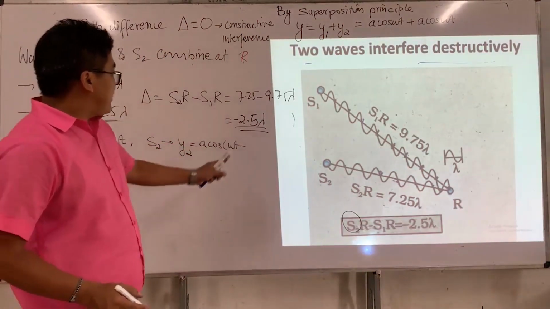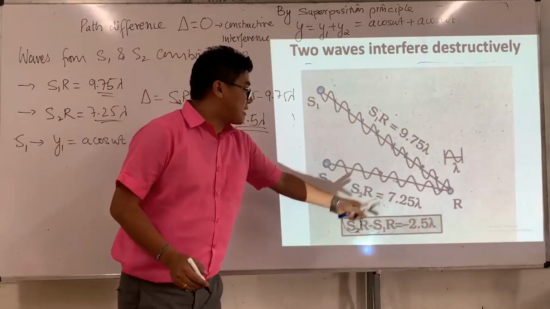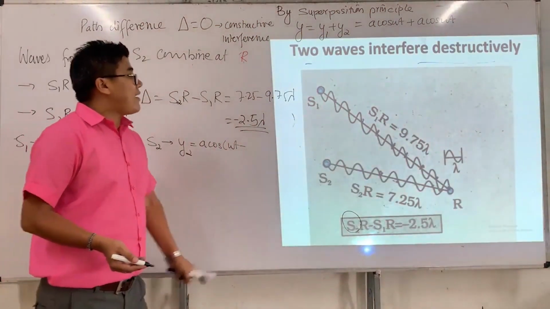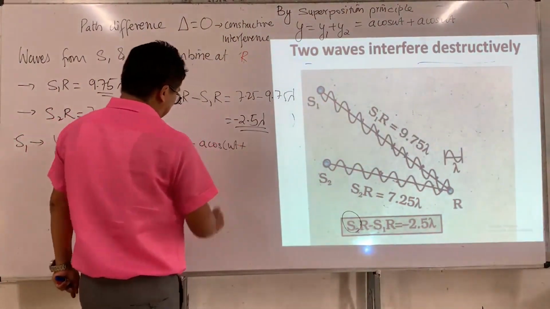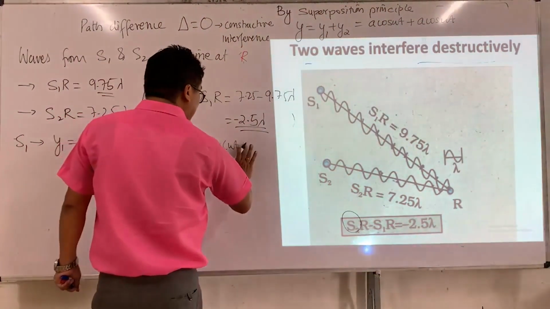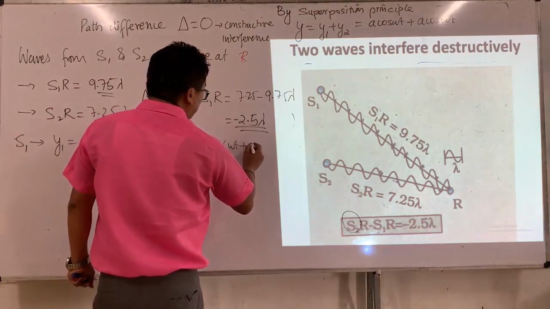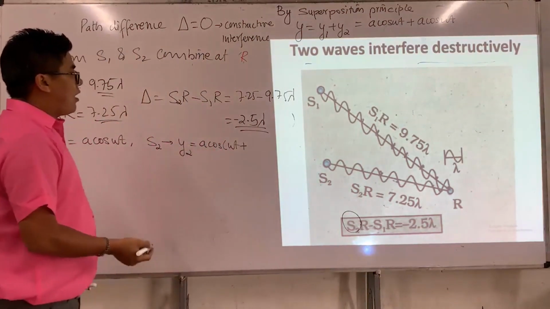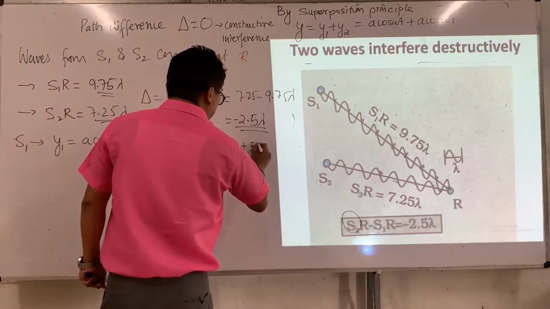Now look here: the wave from S2 will reach R earlier than the wave from S1. So this is going to be plus. Earlier is plus, later is minus. So plus by how many? This is going to be 5 pi.